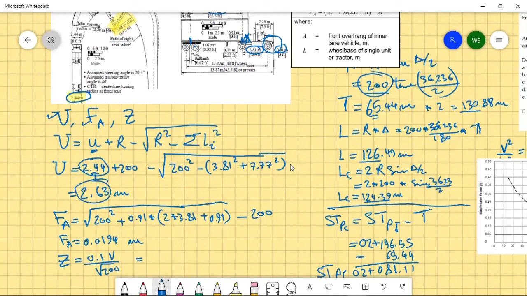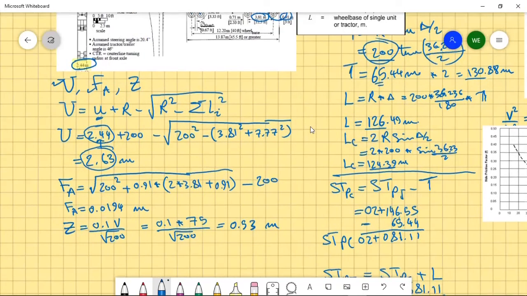So 0.1 multiply, the speed is how much? 75, divided by square root of 200. So it's 0.1 times 75 divided by square root of 200. So we have 0.53 meters.